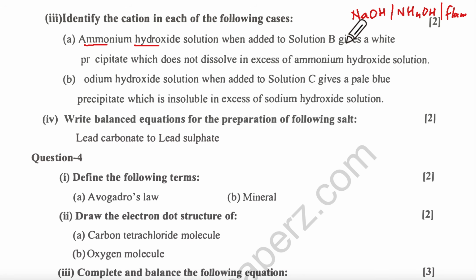When added to the solution, B gives a white precipitate which does not dissolve in excess. Does not dissolve means not soluble. Now in ammonium hydroxide, the ones that will dissolve are Cu2+ and Zn2+. These are the ones which are soluble.